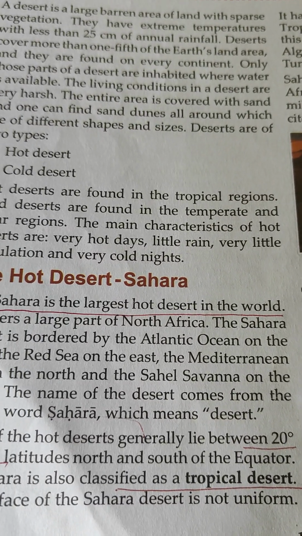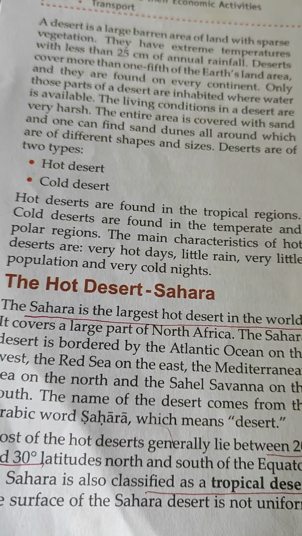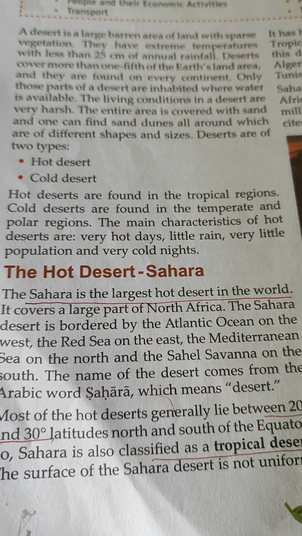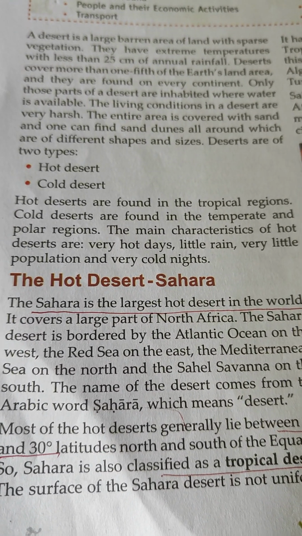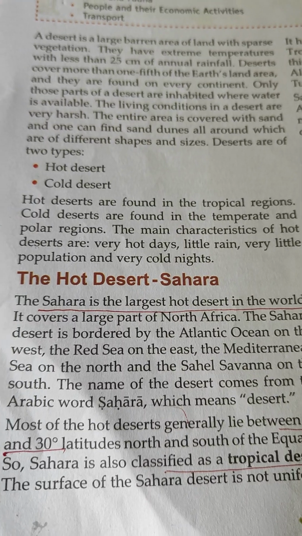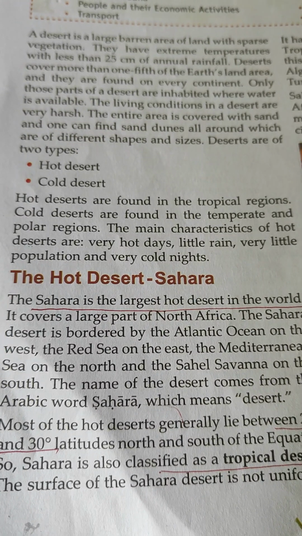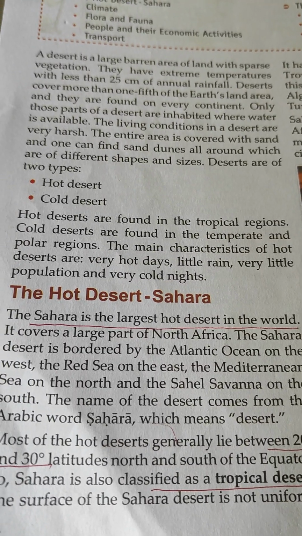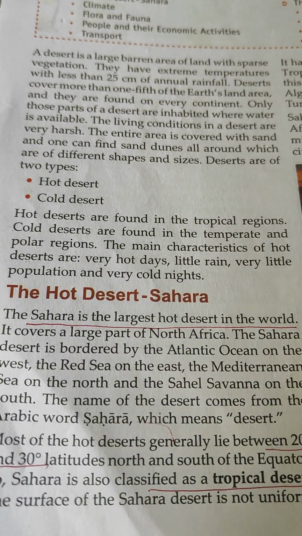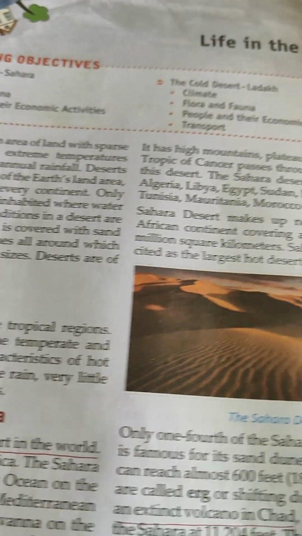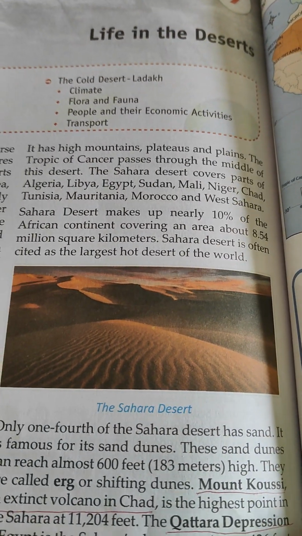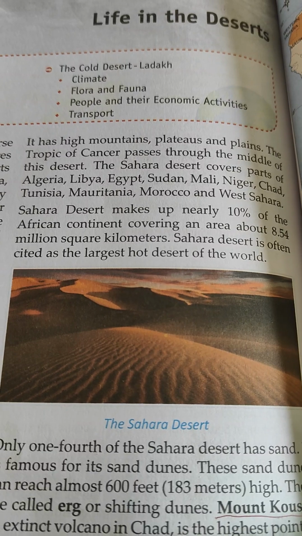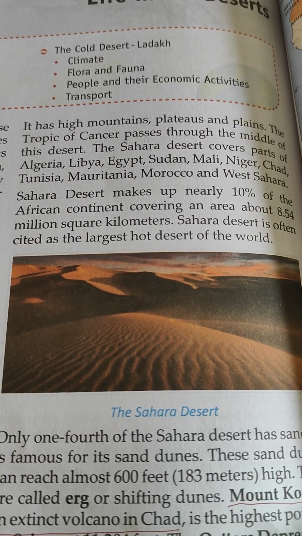It's also called the tropical desert and it's bounded by the Atlantic Ocean in the west, Red Sea in the east and the Mediterranean Sea in the north, and some savanna region is also part of it. This region is a combination of high mountains, plateaus and plain areas.